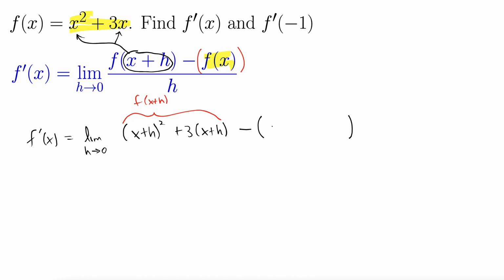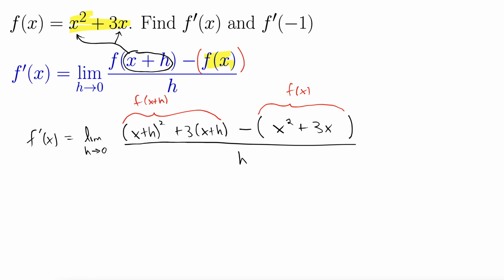So here we just write x squared plus 3x, all over h. So this is that difference quotient you may have practiced many times in past courses. So this bit here is f of x. So we have f of x plus h minus f of x all over h. So 90% of this is just setting it up correctly like that.